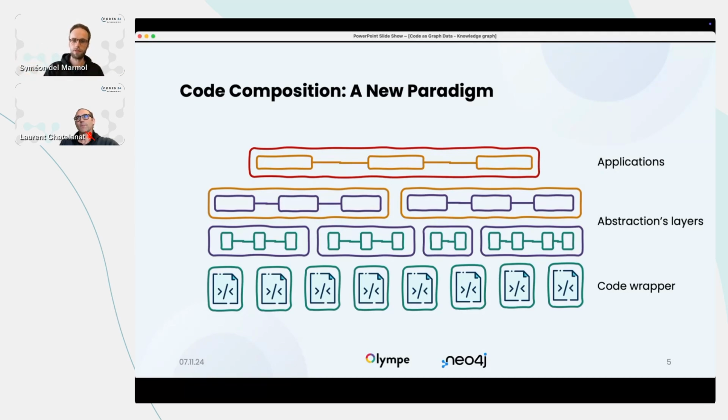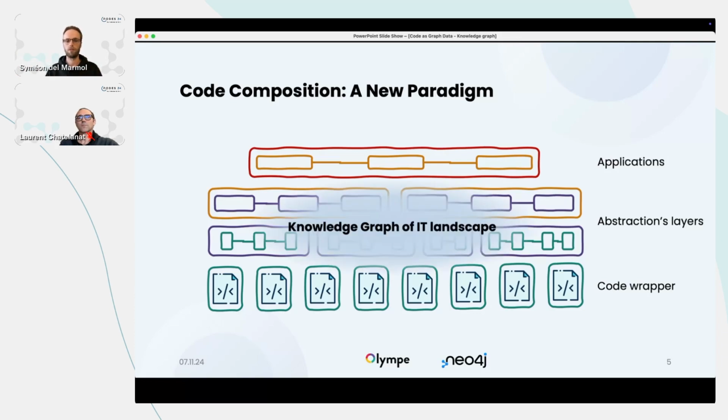All those layers are just nodes with characteristics connected to each other. So it's a graph. And that language is really designed to be stored as a graph in a database, so in Neo4j. And in the end, when you compose and you have all your applications built like that, it suddenly becomes the knowledge graph of your IT landscape.